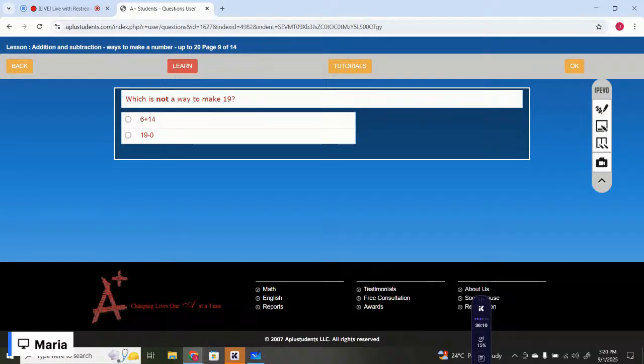Which is not a way to make 19? That is 6 plus 14. Option number 1 is the correct option.